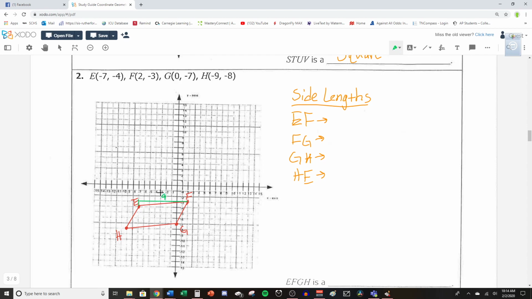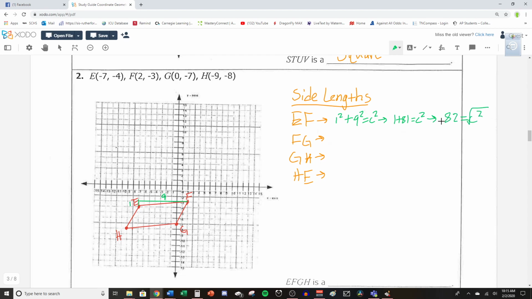This is 9. This is 1 right there. So this is 1 squared plus 9 squared equals c squared. So this is going to be 1 plus 81 equals c squared, which is 82 equals c squared.